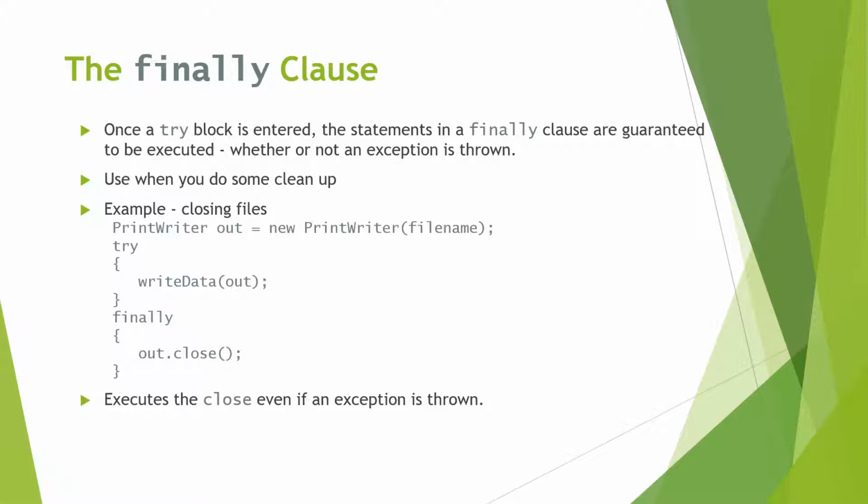So we add a finally clause, and we simply say out.close, so that in the case that an exception happens and the execution of the code is interrupted by the exception, we close the file before we get out of this method, so that the file is closed after running this method, no matter whether an exception happens or not.